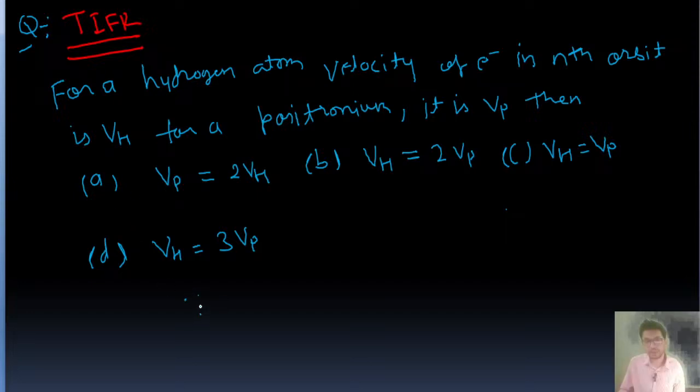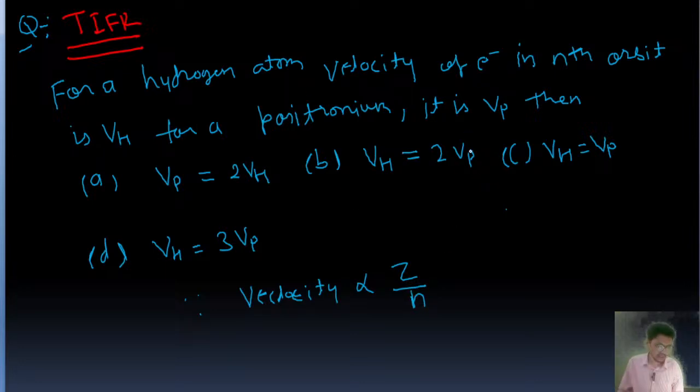Now we know there's a formula, right? We know velocity V is proportional to Z upon N. I have already explained this in my previous lecture. So velocity is proportional to Z upon N, where Z is the atomic number and N is the number of the orbit, right?